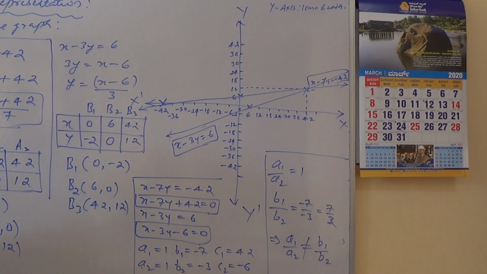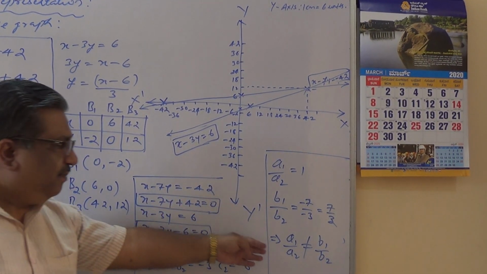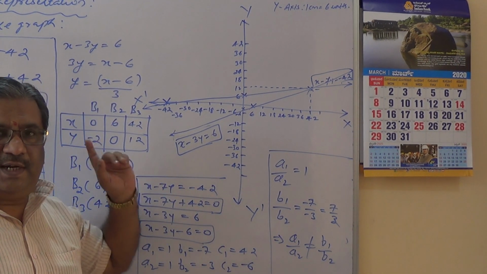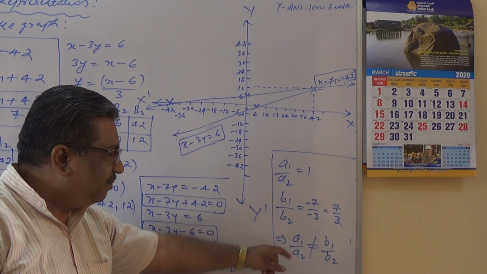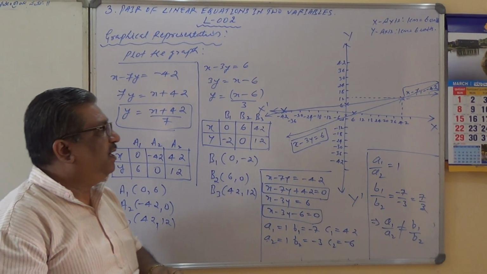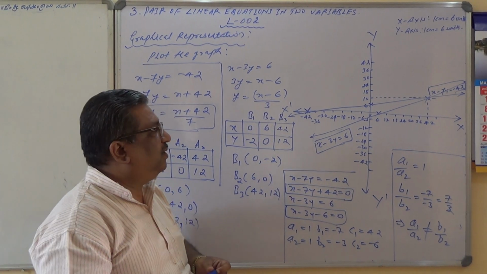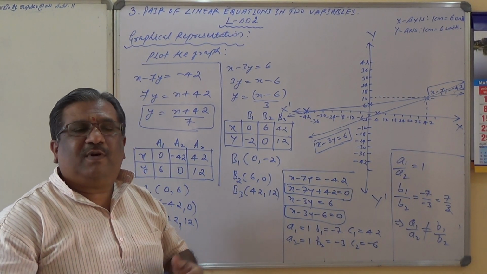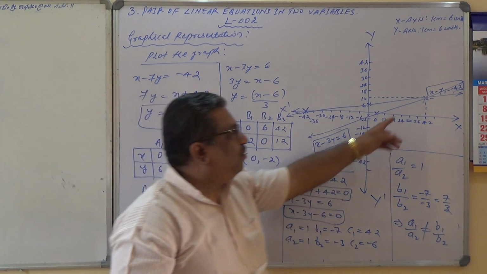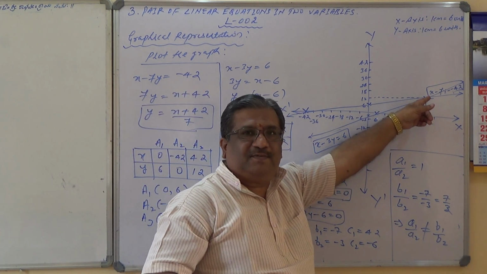You can read the ratios of this nature in the first table that I had displayed. You can conclude from this that the two lines represented by these equations are intersecting, with a unique solution. What is the solution for these two lines? A unique solution exists. Can you see the point of intersection of these two graphs?